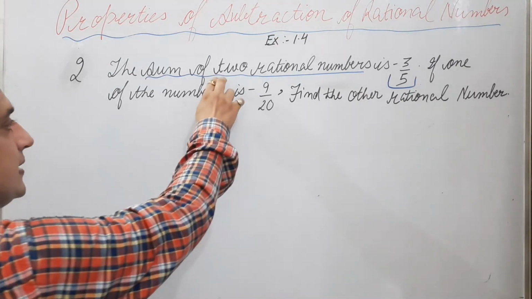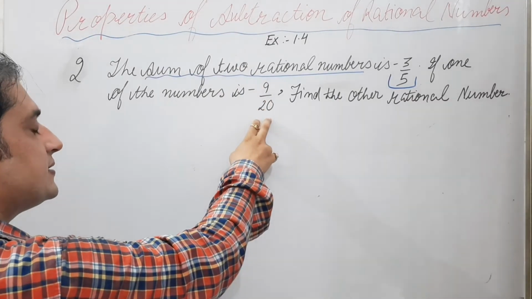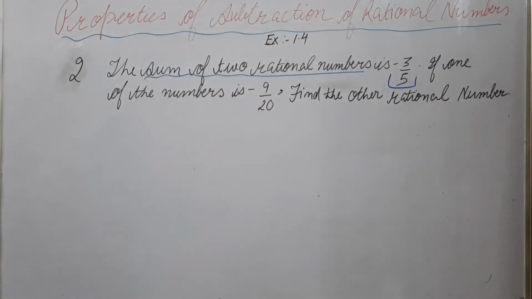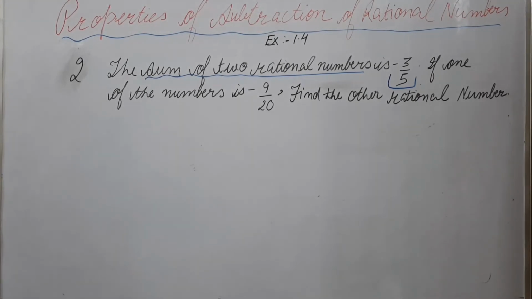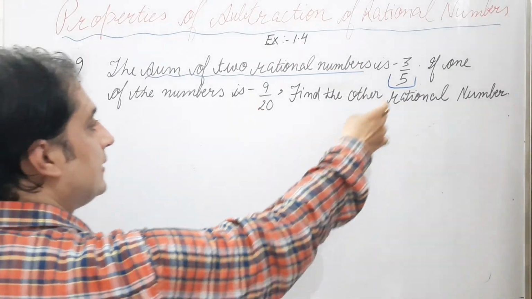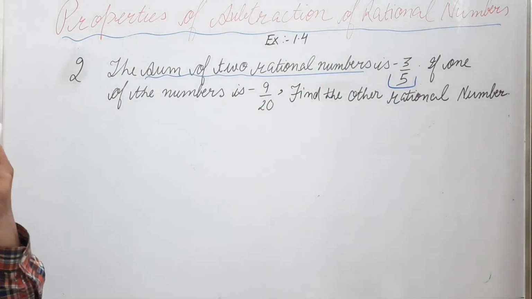Sum is given and one rational number is given. You have to find the second rational number, which when added to minus 9/20 gives minus 3/5.